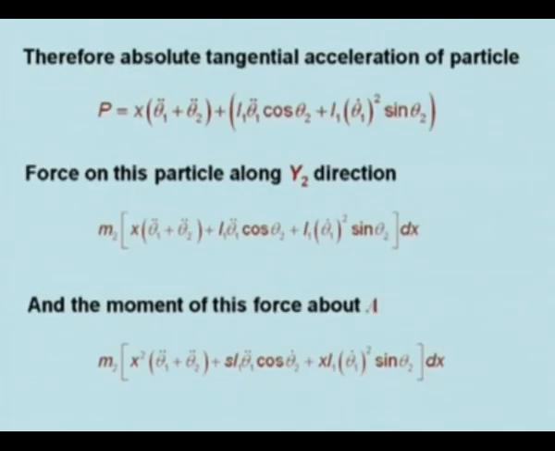Now the absolute tangential acceleration of the particle becomes x(theta 1 double dot plus theta 2 double dot) plus L1 theta 1 double dot cos theta 2 plus L1 theta 1 dot square sin theta 2. We have to do this because Newton's law can be applied in an inertial frame of reference, and therefore we have to talk about the absolute acceleration.